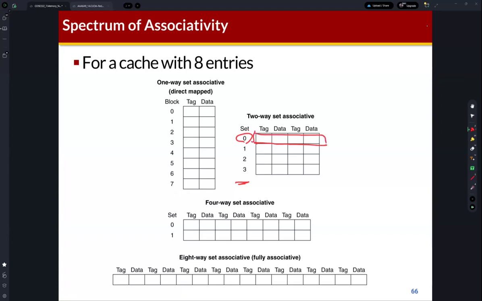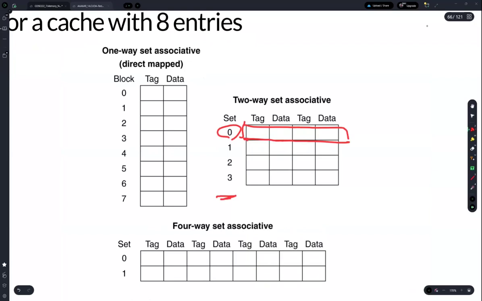To store data in the cache, we need to store data and tag. This figure shows a two-way set associative cache, which means that in a single set we can allocate two cache blocks per set.